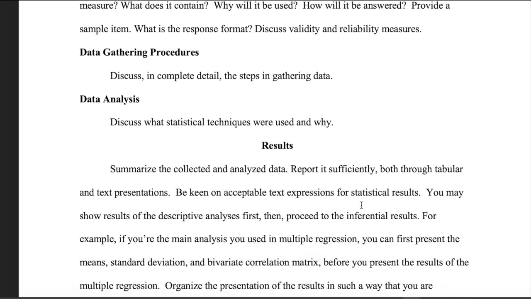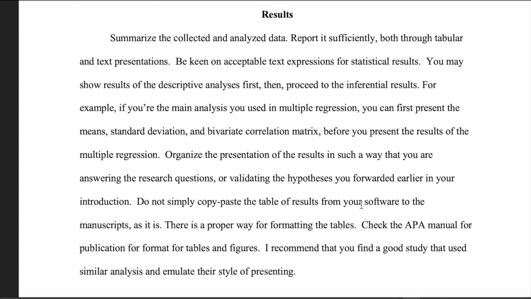Okay. Next would be the results section. The results section basically contains the summary of your analyzed data. Remember that the results section serves the purpose of answering your research question, so it is important that you are completely aware of the questions that you raised.